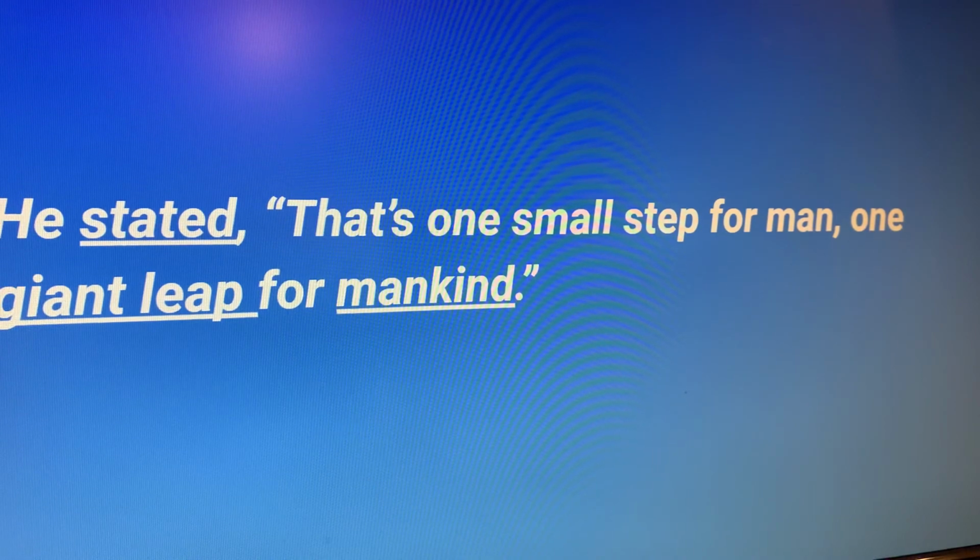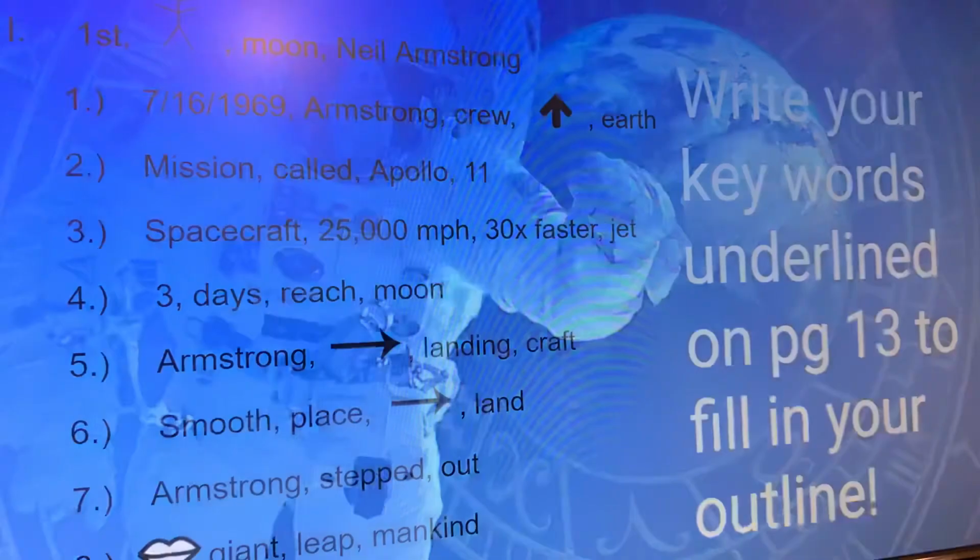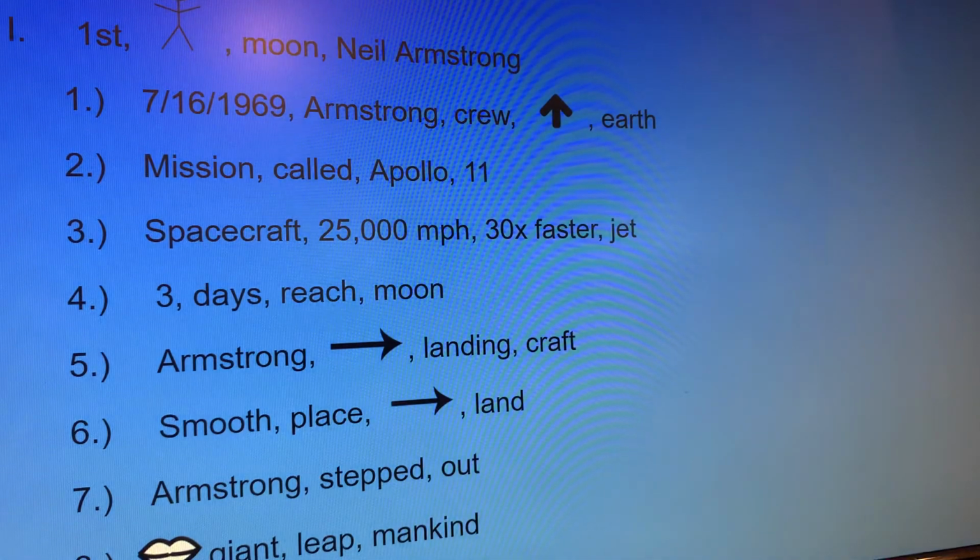All right, now you're going to take the keywords you underlined just now and write them onto page 13 to fill in your outline. On this next slide, you may want to pause it, but I went ahead and put the outline here so you can see how I took each of those and included symbols and abbreviations to make it work for the outline.